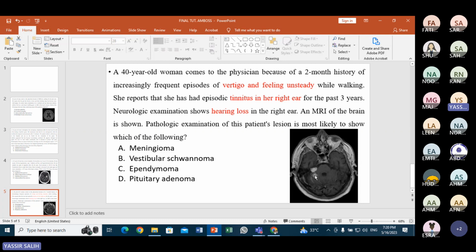Why? Because we have a cerebellopontine angle lesion with homogeneous enhancement, and the symptoms are hearing loss, tinnitus and vertigo. So this is the vestibular schwannoma symptom, and the radiological features or imaging findings correlate with the clinical picture, so the diagnosis is vestibular schwannoma.